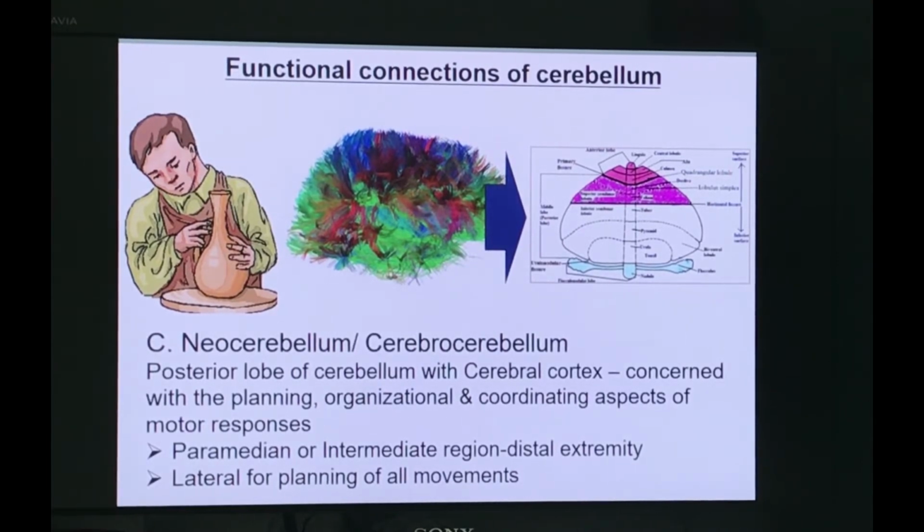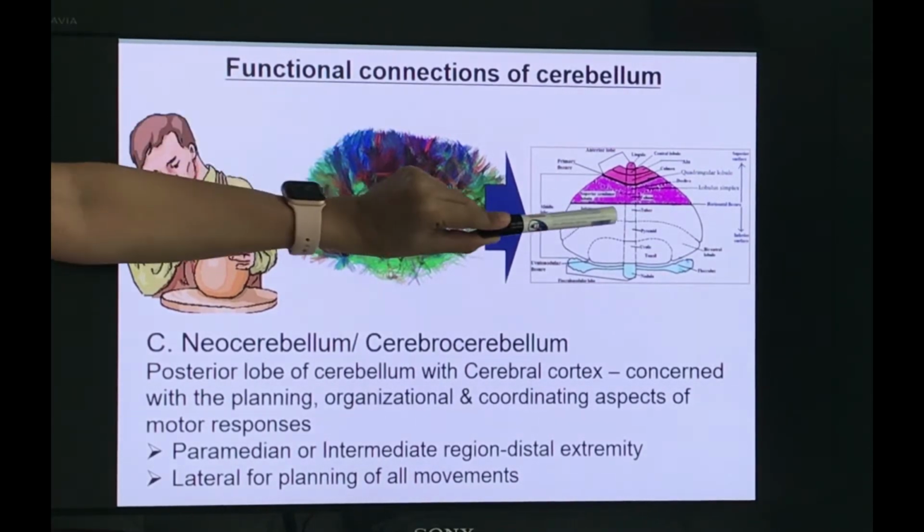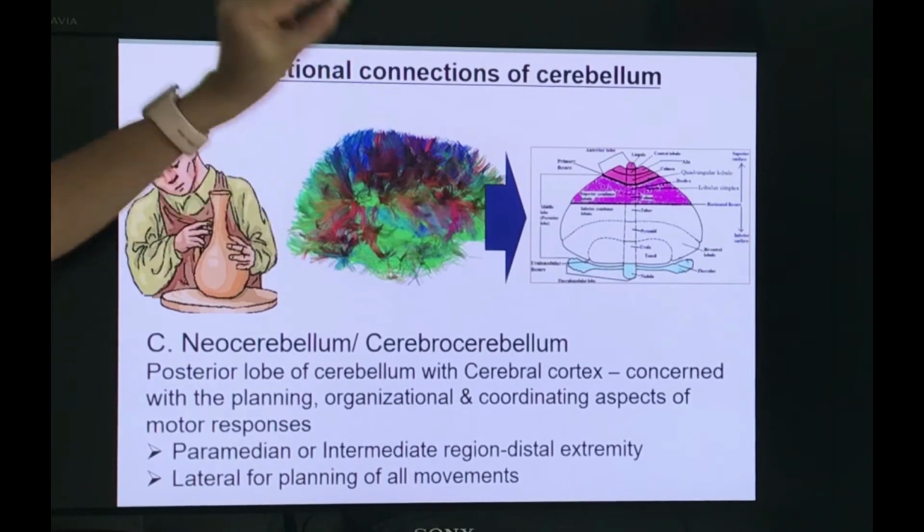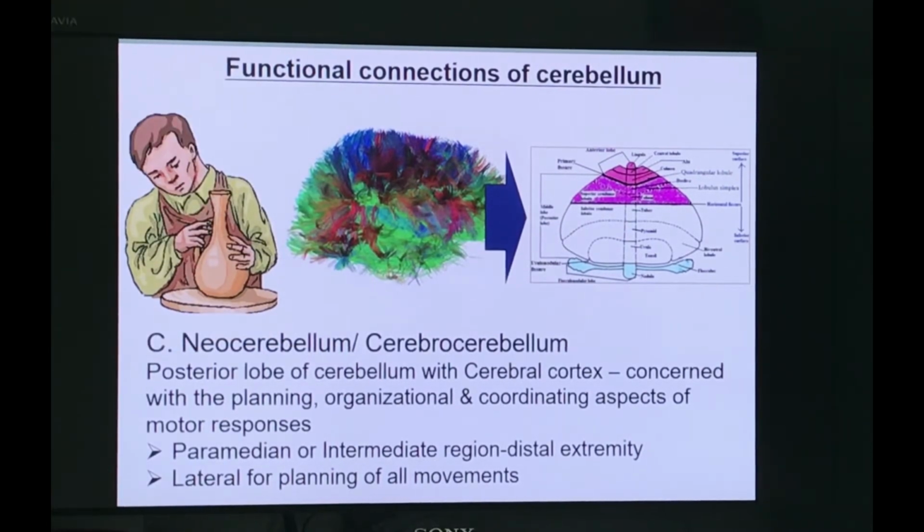The paramedian or intermediate region of the cerebellum, along with the lateral hemisphere, both zones are connected to the cerebral cortex. So they form the neocerebellum or cerebrocerebellum. Overall they help in the planning of all movements, and they also correct the errors.